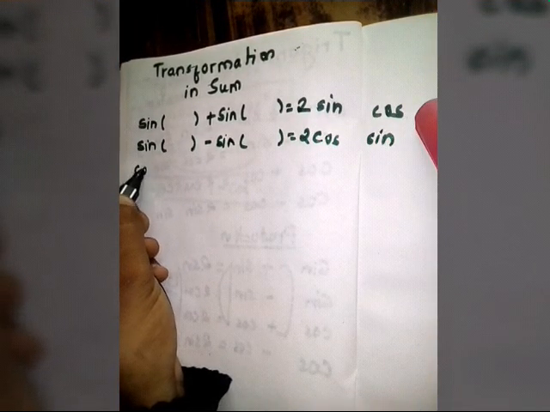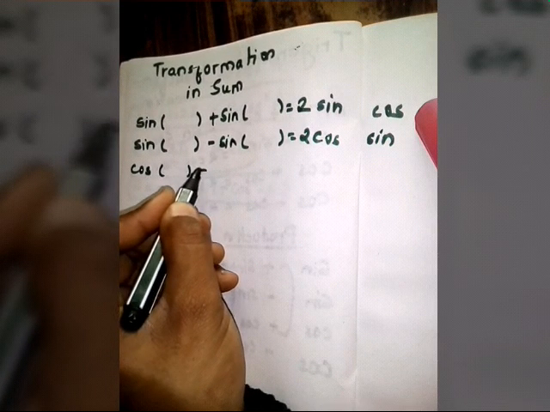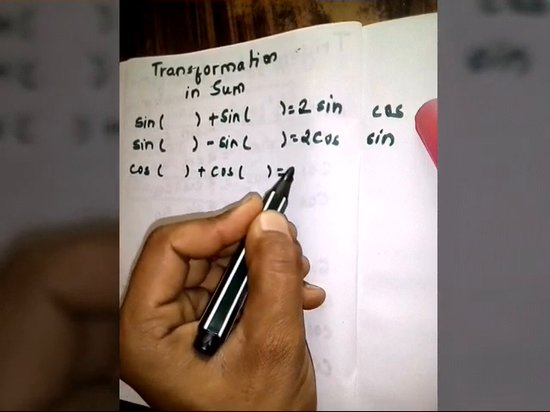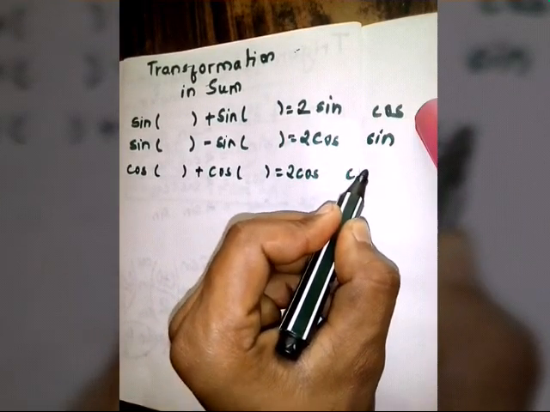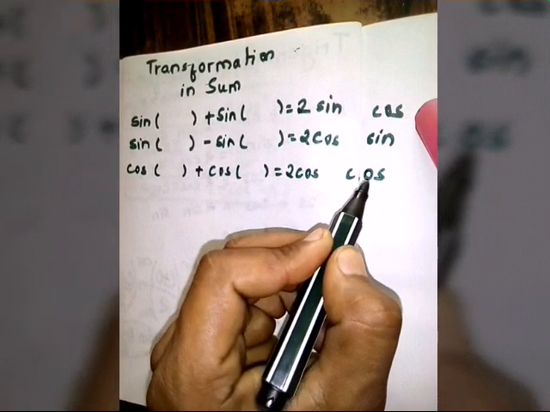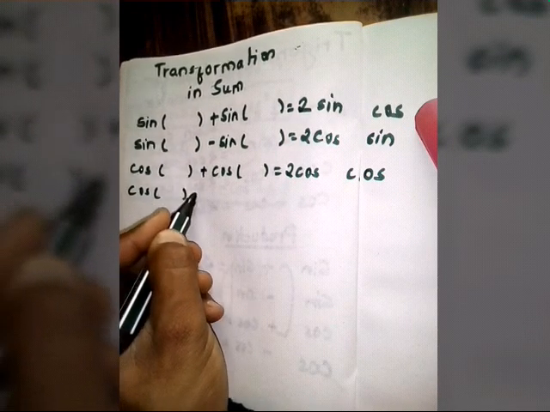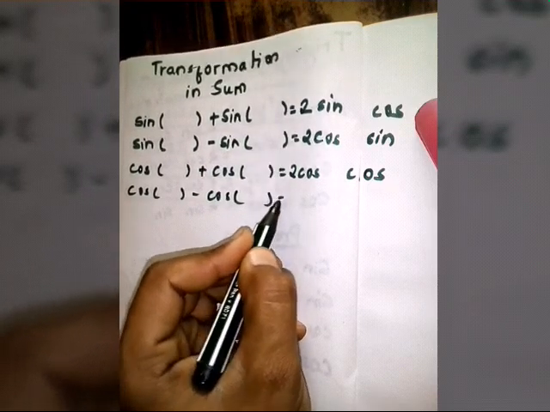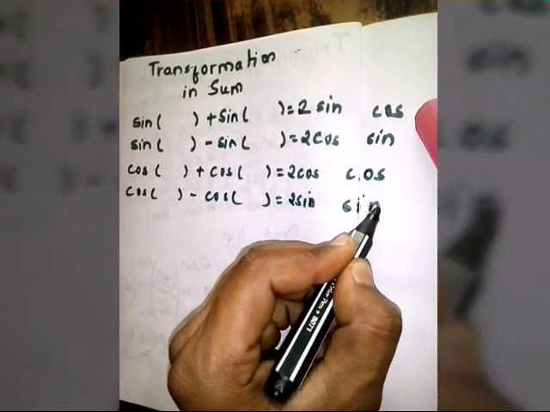Likewise we have cos plus cos, so we know the pattern, that is 2 cos into cos. Likewise cos minus cos, so here the pattern is 2 sine into sine.